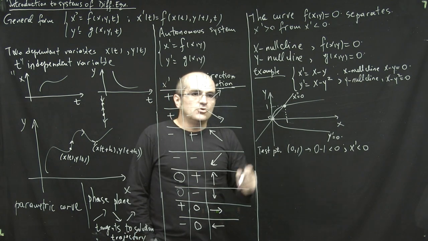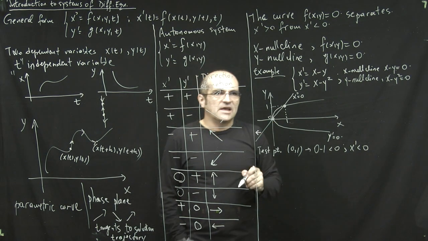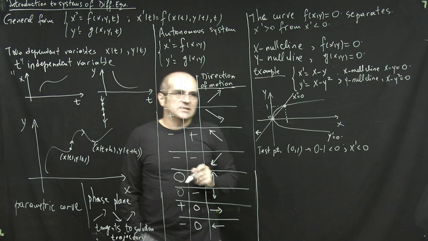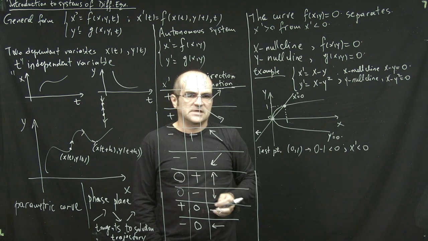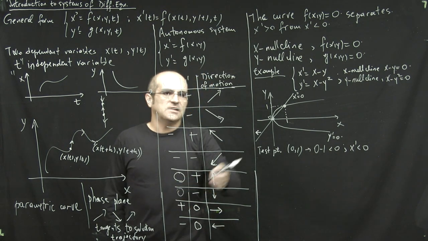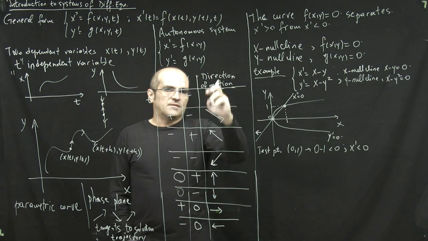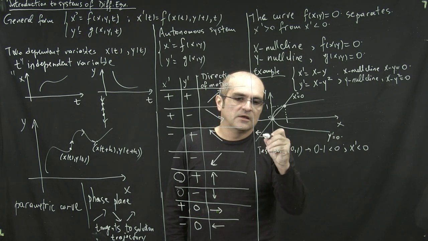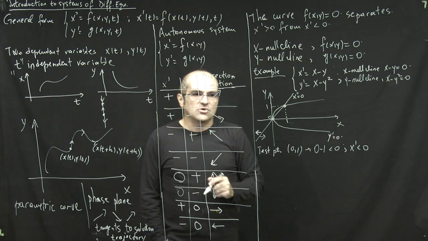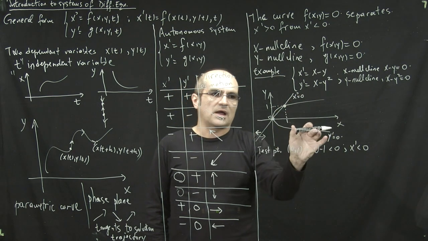You could indicate this information by putting a label on the nullcline: put a horizontal arrow to the left of that line to indicate that if you're above the line, x prime is negative, so it moves to the left. So again, it could be up or down, but in this region above the line, the motion is to the left. And of course, if you are below the line, the motion is to the right-hand side. Again, this is just a label. It means that anywhere below the line, arrows will point to the right-hand side.